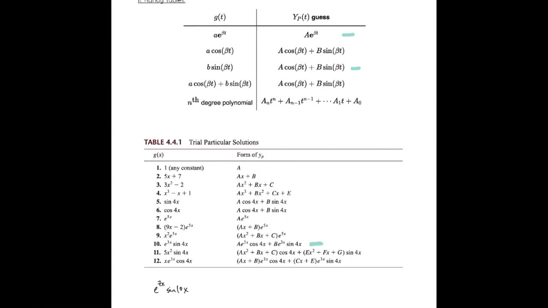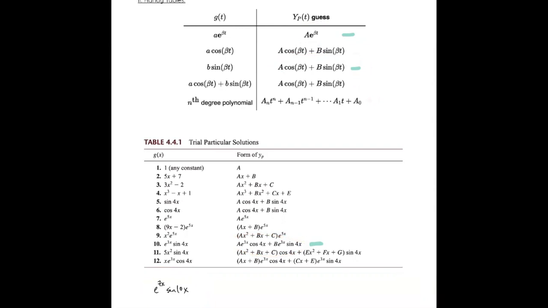Just distributive property? Yeah, distributive property. So it turns out that when we have two functions that are multiplied together like this, if we only had a table that showed individual ones, we're going to grab both solution forms and multiply them together. And when we multiply them together, we'll get the form for the product of those two functions.